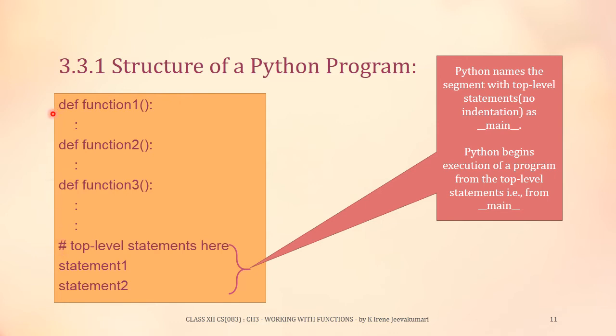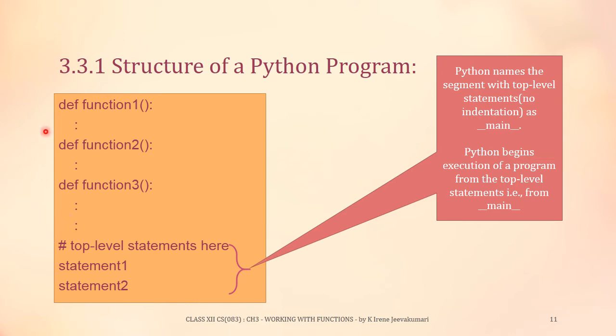This function definition also starts from the margin, so it is also a top level statement. But when Python executes this statement, it checks that it is a function header. When it finds a function header, it omits the function's body until this function is called. Only when the function is called will the body of these functions be executed. Otherwise, these functions are not executed.